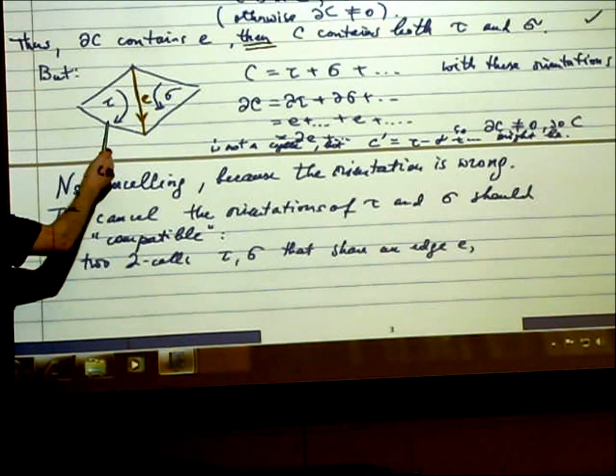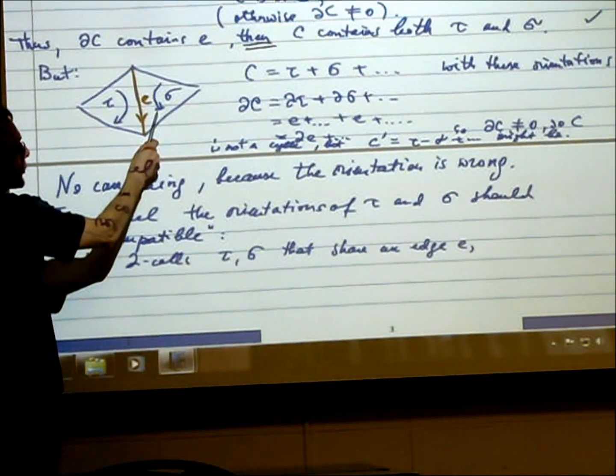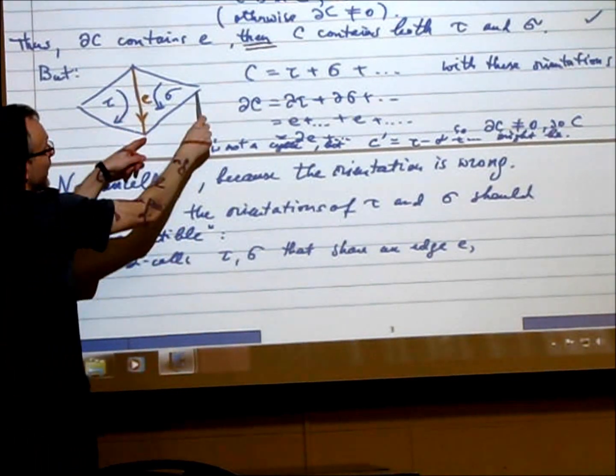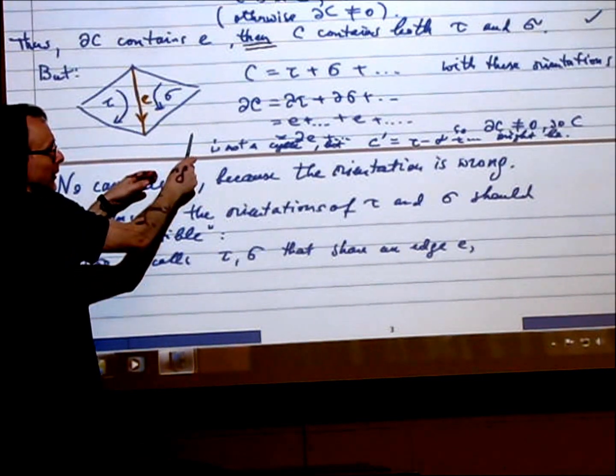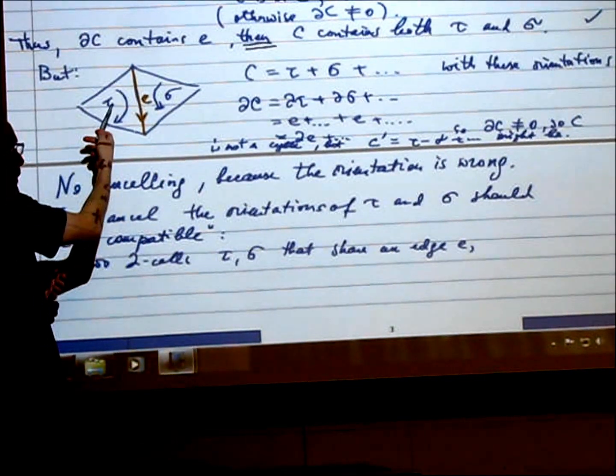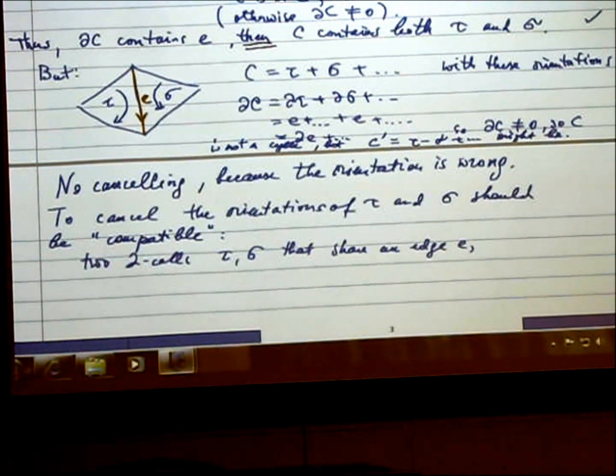I give sigma a minus sign, but then this one shares an edge with another one, and then I also have to change the sign of this, and then go on, and then I may come back to tau, and it turns out that I have to change the orientation of tau as well. So that doesn't really solve the problem. So it is easier to handle by, rather than looking at C, looking still at the surface itself.